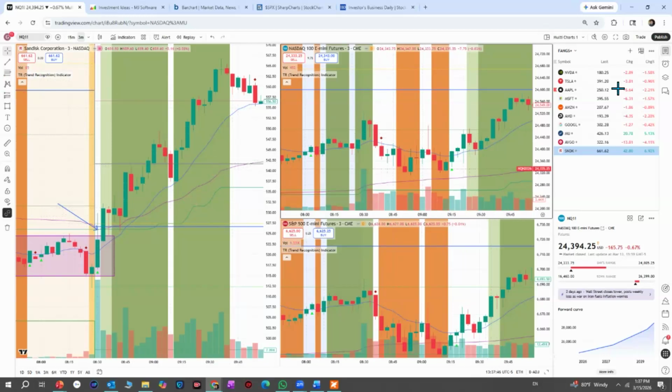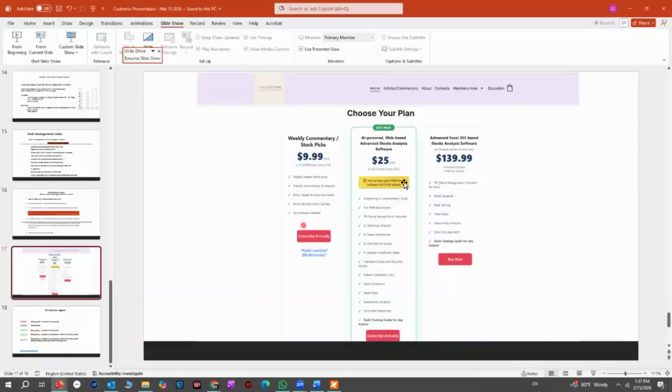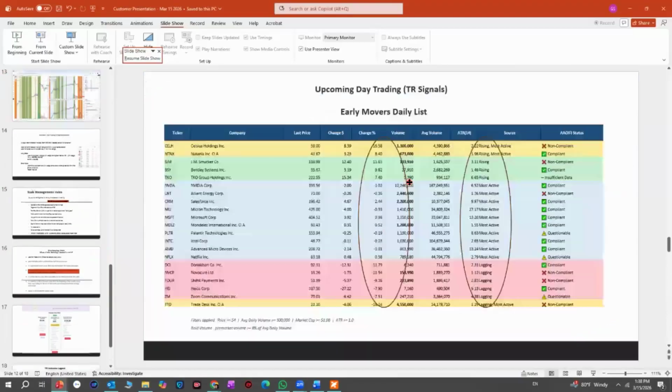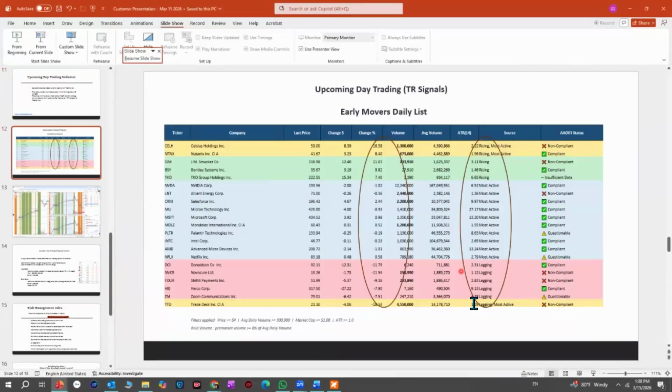But these are solid, strong volume stocks, high dollar volume, a lot of money involved in them, stable companies, and high ATR, high trading range. This is what we testified when we were talking about high trading range. This is important. We don't want to get stuck in very low trading range stocks when it comes to day trading. Okay.